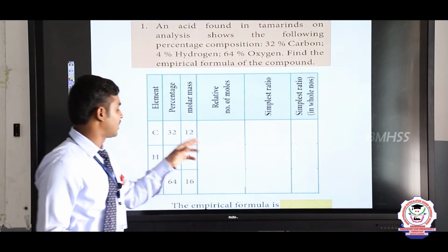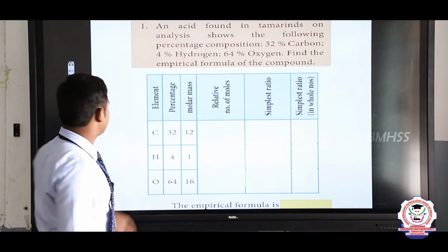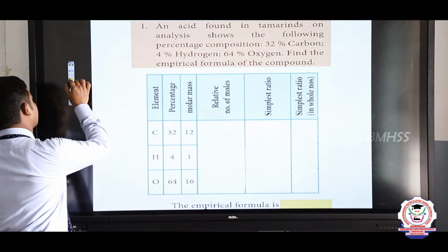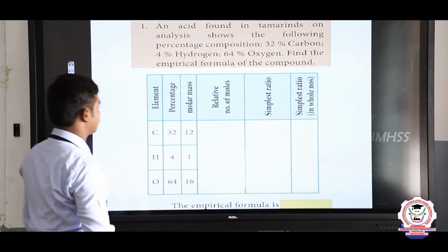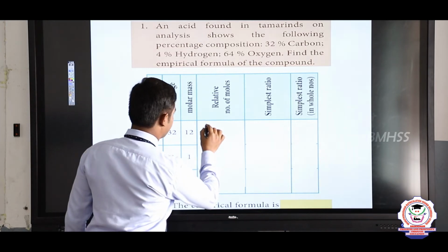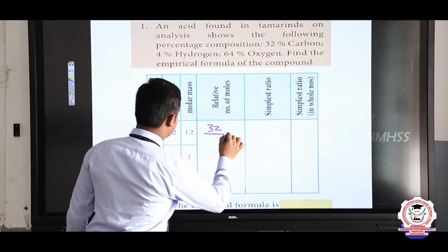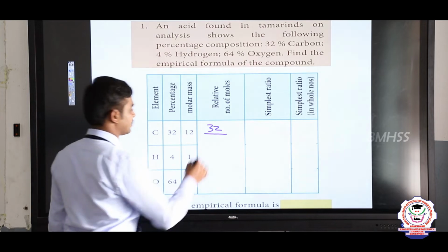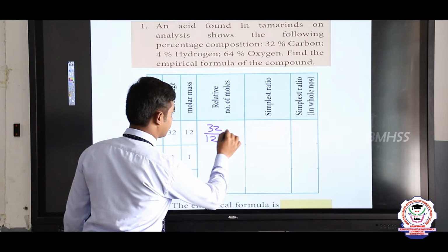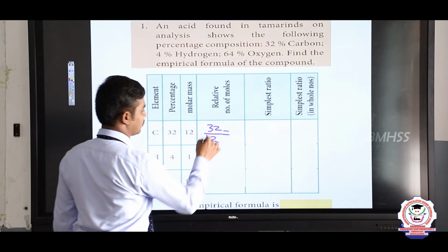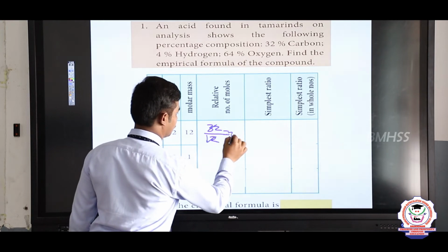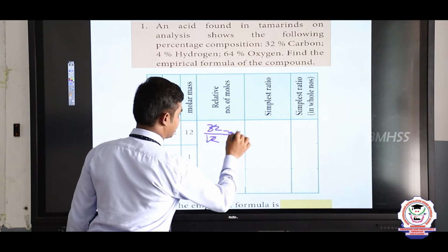The moles can be calculated by division. See this, 32% divided by 12 gives 2.6.